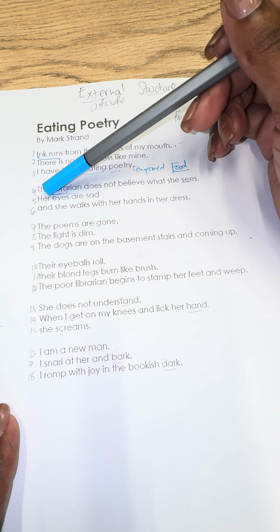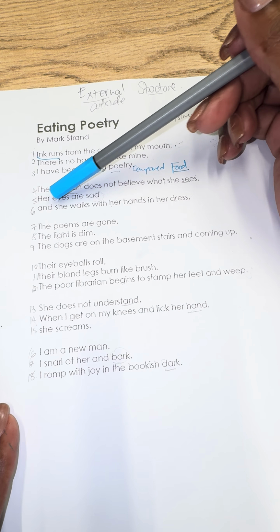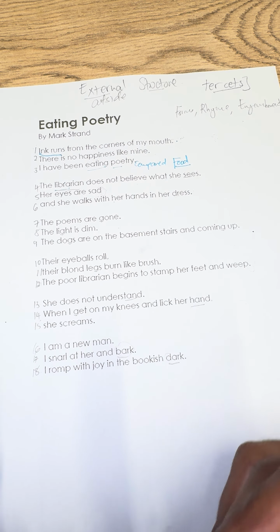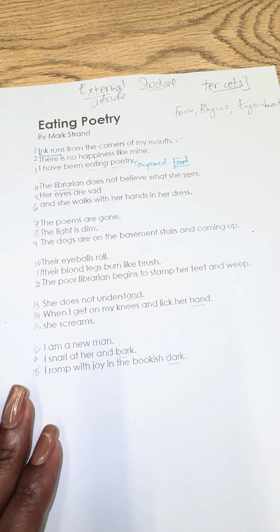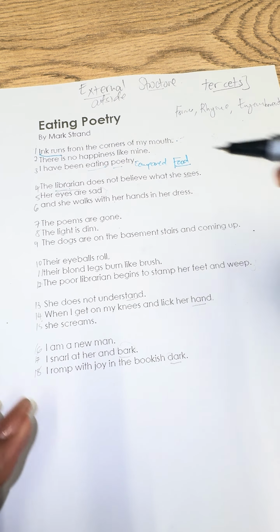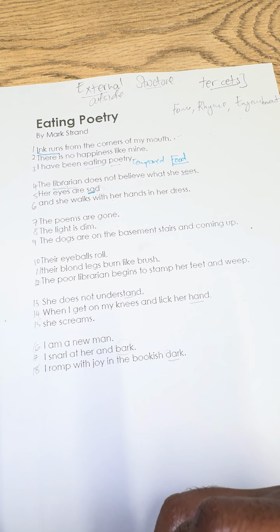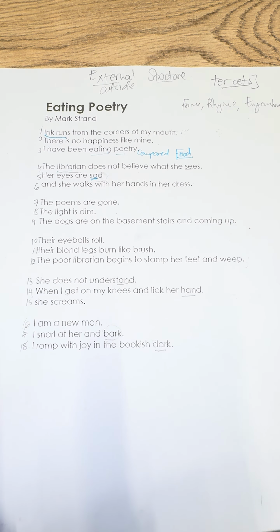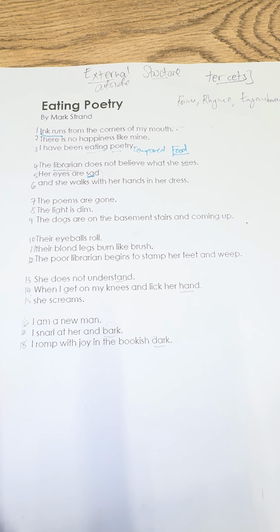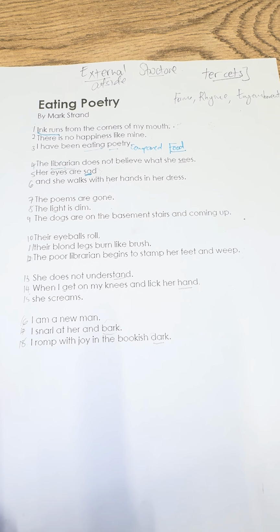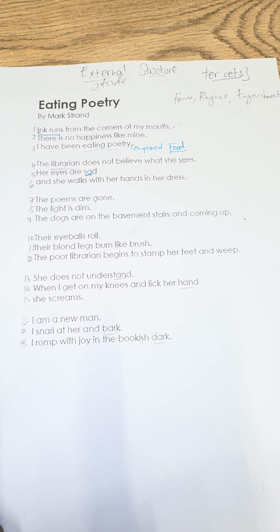And then line 5 says, her eyes are sad, and she walks with her hands. So again, her eyes are revealing true feelings. Okay, she appears jealous. The word sad could be significant to the jealousy of the fact that perhaps she herself does not have the same passion that the speaker has, just from eating this poetry.